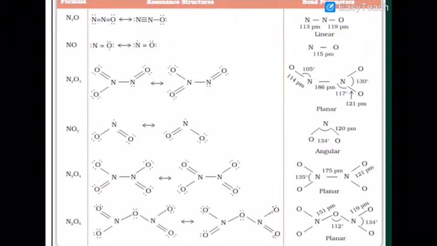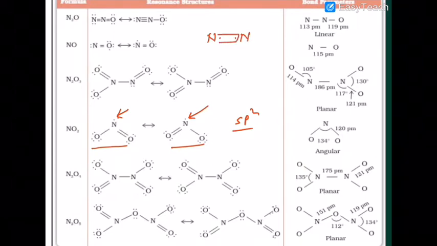Okay, clear? In NO2, you can see that one odd electron is there. The nitrogen here is sp2 hybridized. So this is an odd electron molecule, and two such molecules will form a bond between them.